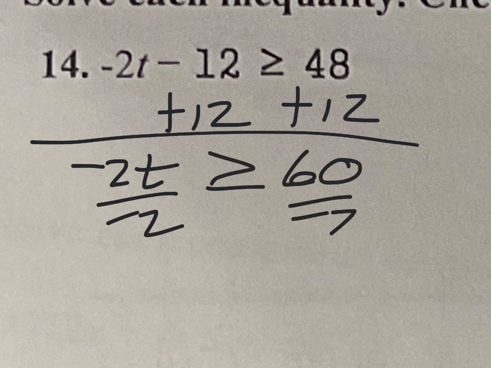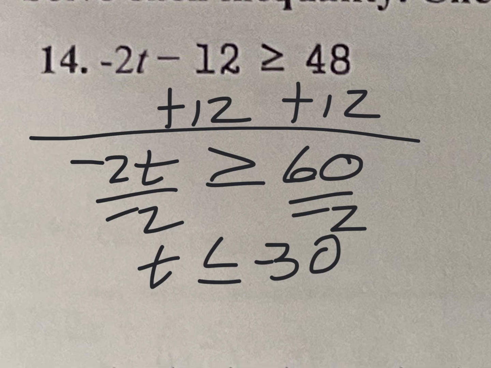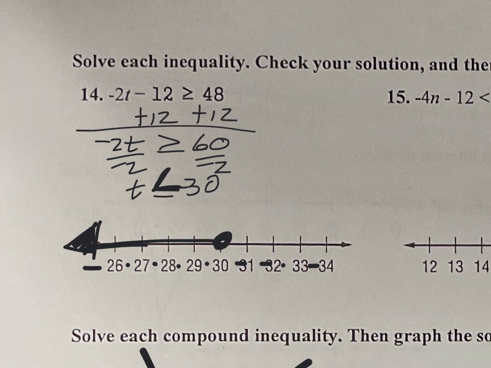And I'm going to divide both sides by -2. I have to flip it because I divided by a negative number, which is why this number line was wrong, because we needed a -30. And because it's got an equal to sign, we're going to color it in. And we're going to shade to the left, because that's where all the numbers that are smaller than -30 are.